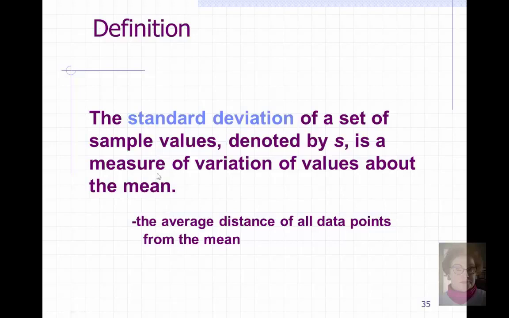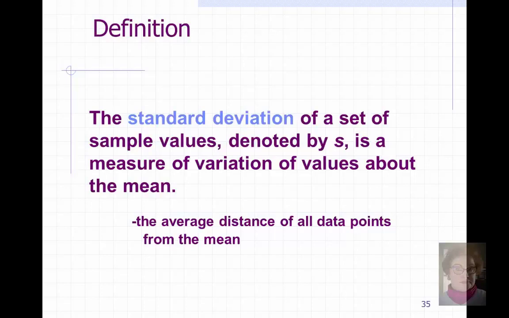The standard deviation for a sample is denoted by a lowercase s. This tells us the average distance of the data points from the mean. So when we get done calculating a standard deviation, it really does talk to us about how the data vary.